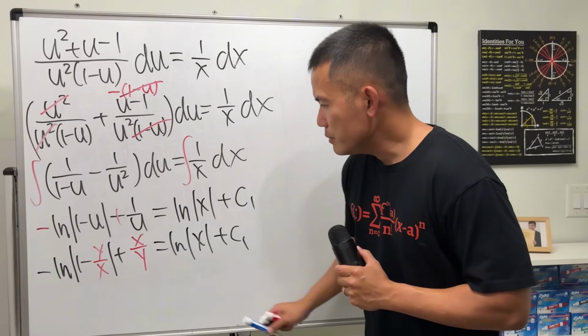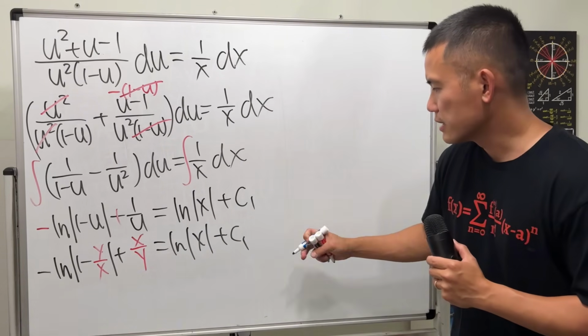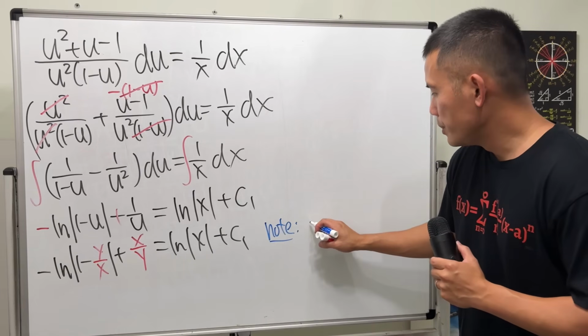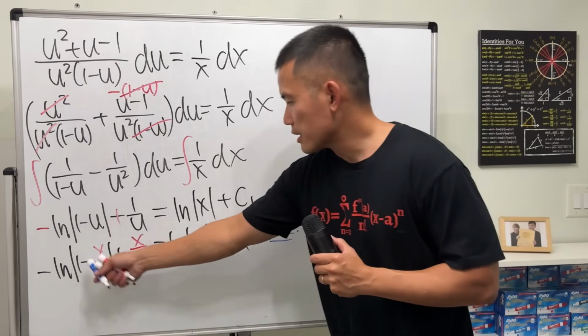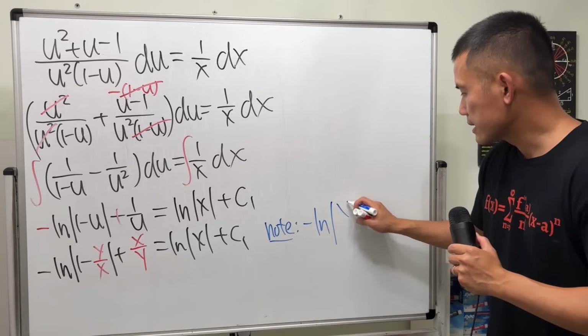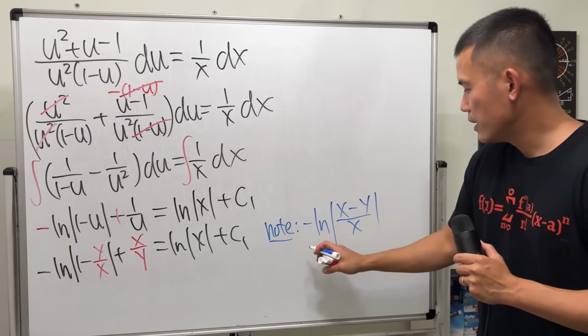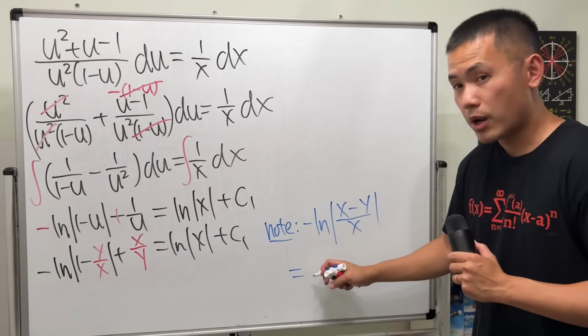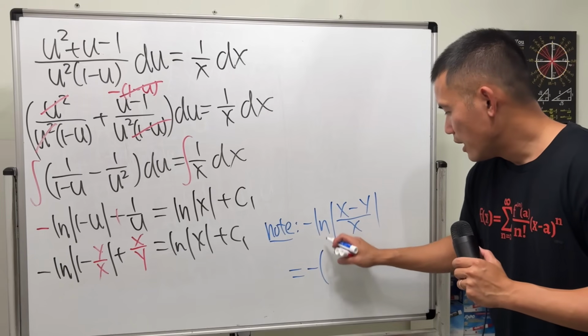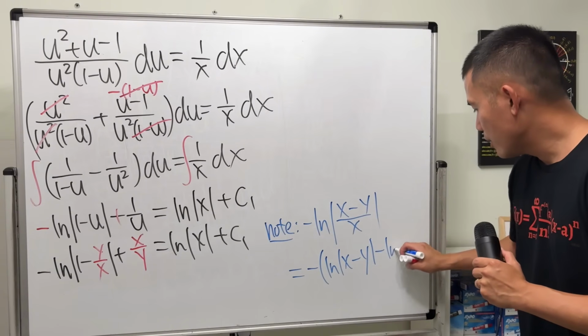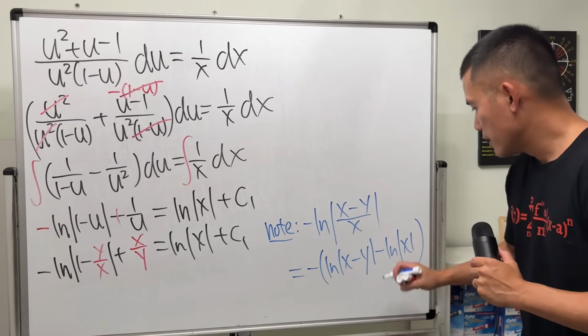And then I'm going to simplify this term a little bit on the side for you guys real quick. Note that that is going to be negative ln, get the common denominator, so that's x over x. So it's like this, and then we can simplify it with a log property. So this is negative ln of the top minus ln of the bottom, and then distribute.